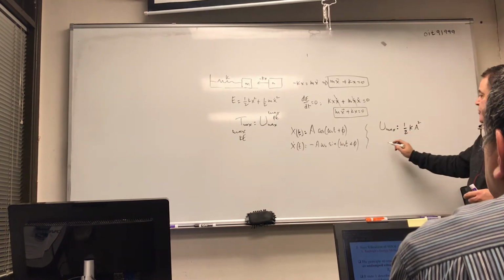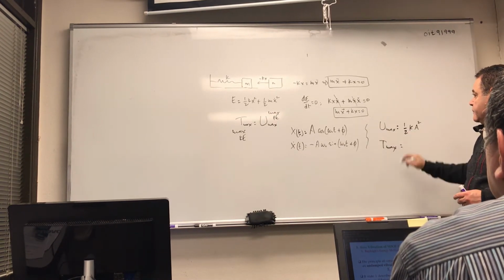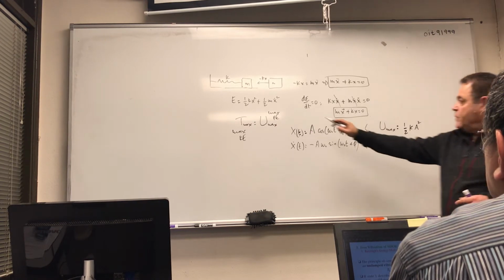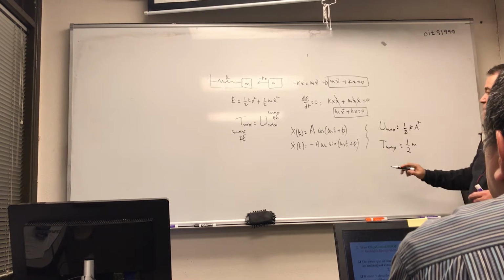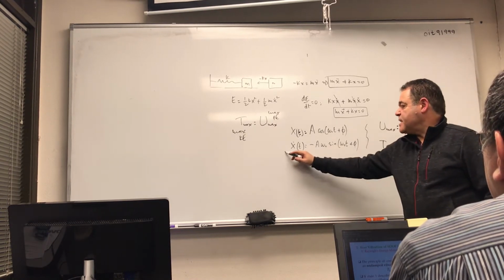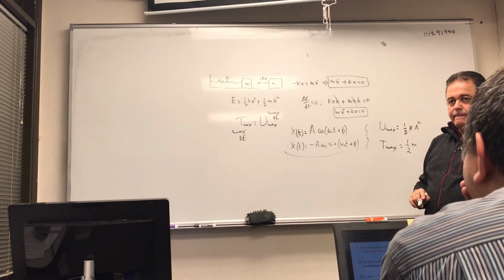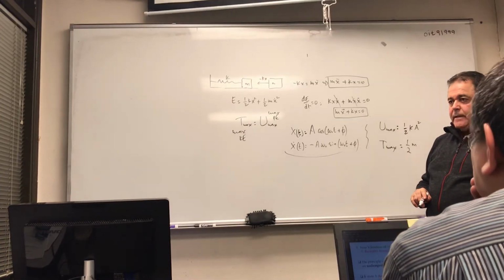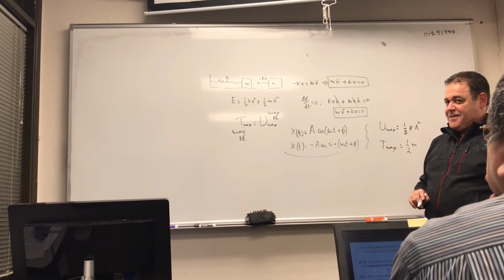How about the kinetic energy? Well, it's 1/2 of m times the maximum velocity squared. What is the maximum velocity based on this equation equal to? We talked about this last time, it's in my notes.